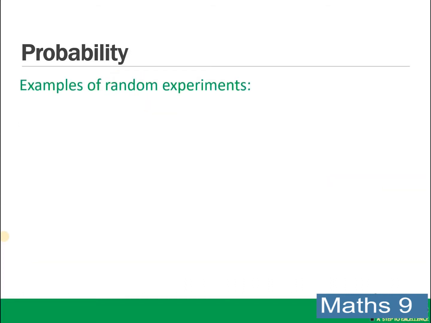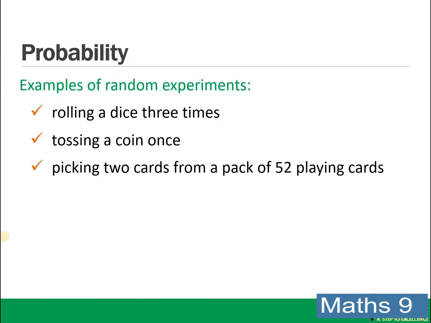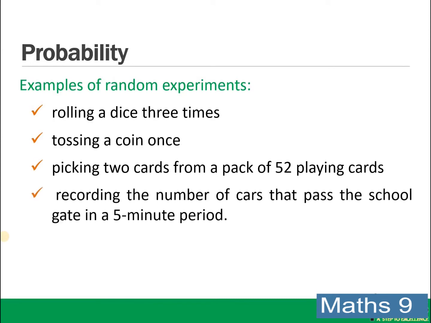Examples of random experiments include rolling a dice 3 times, tossing a coin once, picking 2 cards from a pack of 52 playing cards, recording the number of cars that pass the school gate in a 5-minute period, or spinning a spinner. They are all experiments because they all have different outcomes.